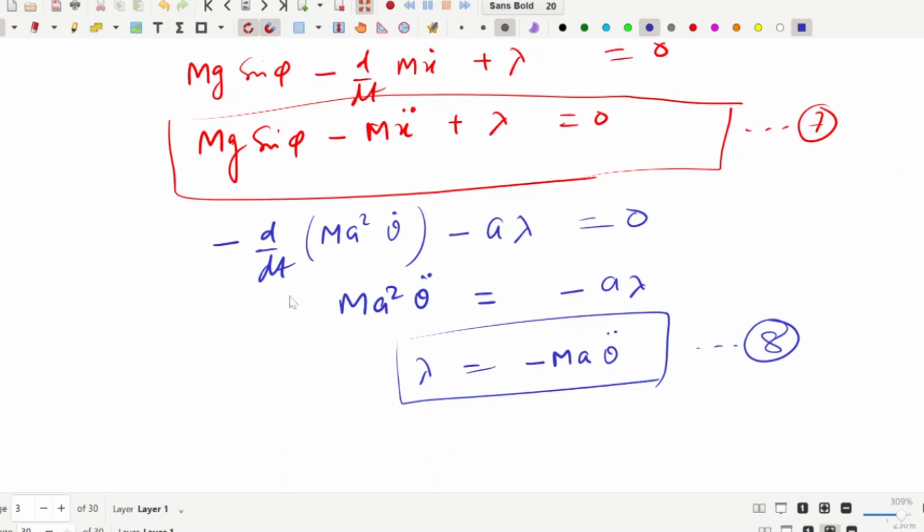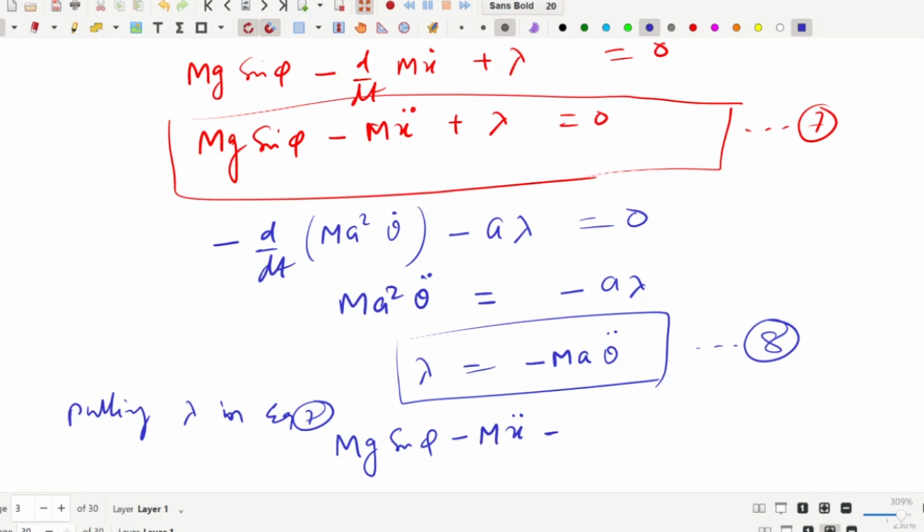So if we substitute this lambda in equation 7, putting lambda in equation 7, we obtain mg sin phi minus m x double dot plus lambda equal to 0.